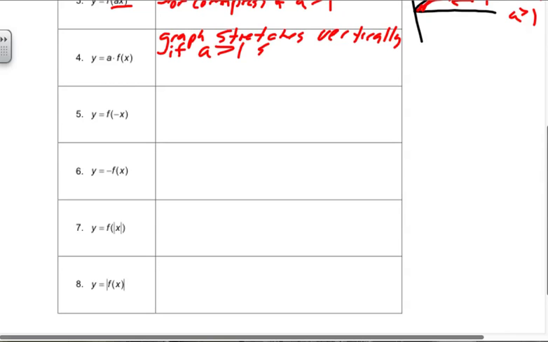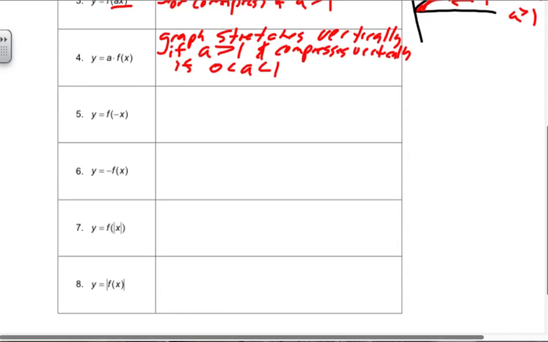And compresses vertically if a is between 0 and 1.